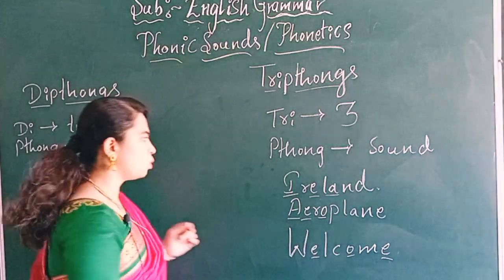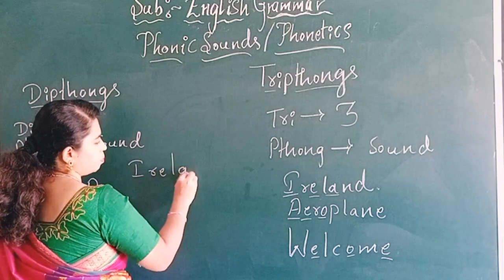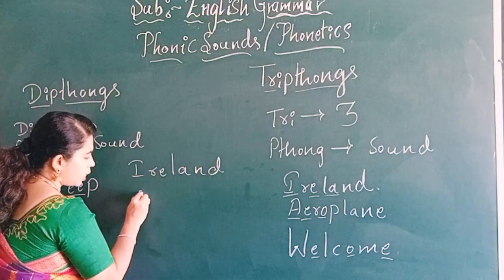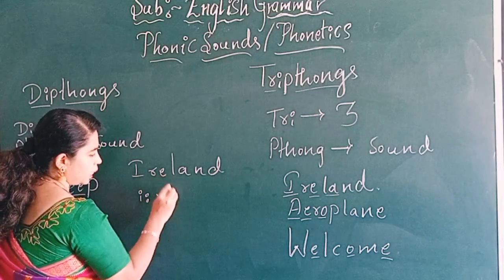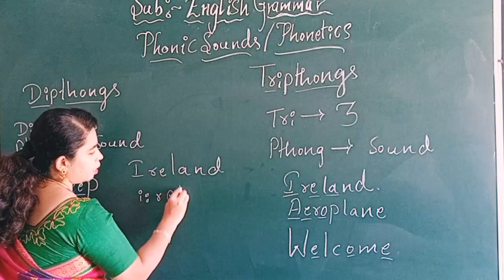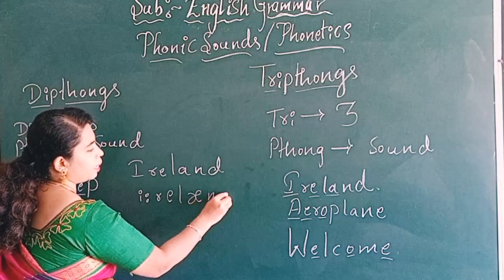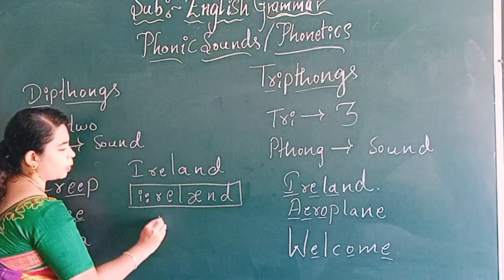One I will show you: Ireland. Convert it into the phonic sound. I is written as I, R, E as E, L, A, this is the phonic letter, N and D. See here, this is the phonic word.